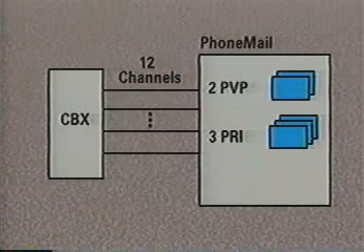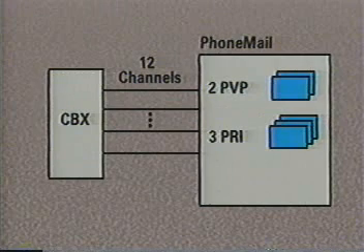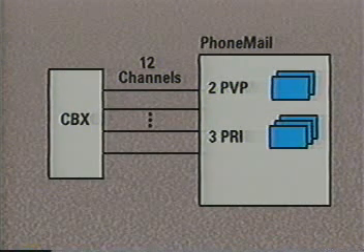Each phone mail node contains one of each of the cards described, except for PVP, PRI, and TNAC cards. A system may contain one or more of these cards. For example, a 12-channel phone mail system attached to a ROLM CBX contains 2 PVP cards and 3 PRI cards.